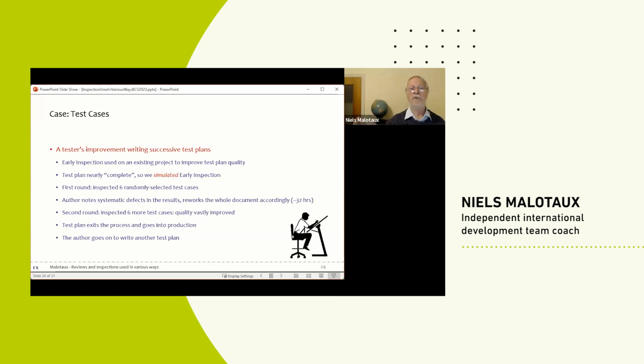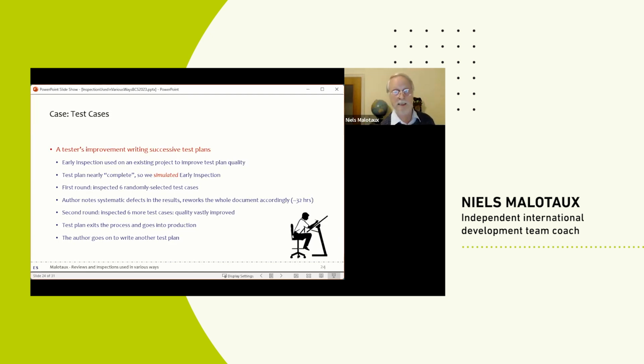We find not every issue, but issues often are caused by tendencies of people injecting defects. So if you find certain defects, they may be similar in the rest of the document. So he reworks the whole document with the list of issues found. Second round, we took another sample of 6 more test cases, and the quality was much improved. And then the test plan exits, the process goes into production, and the author goes to the next test plan.